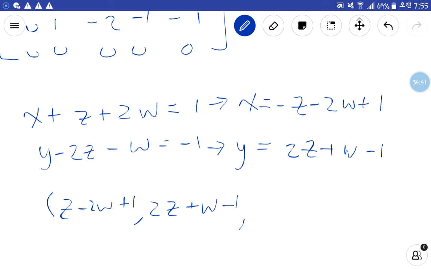Then z and w. So, as you guys see, this system has infinitely many solutions, because for every pair of values for z and w, we can use these two equations to find corresponding values for x and y. Okay? Alright, so I want you guys to work on number 43 now.